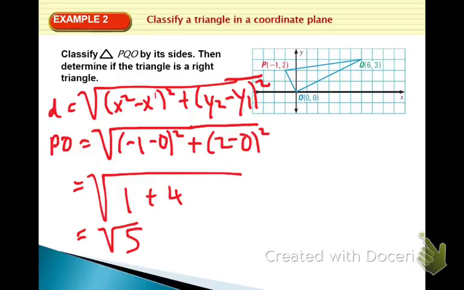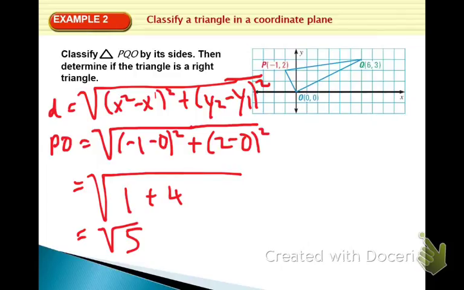Then we're going to do the distance from Q to O. Everybody have that?